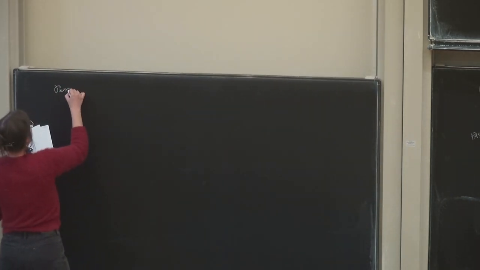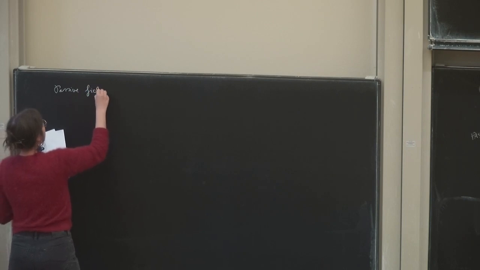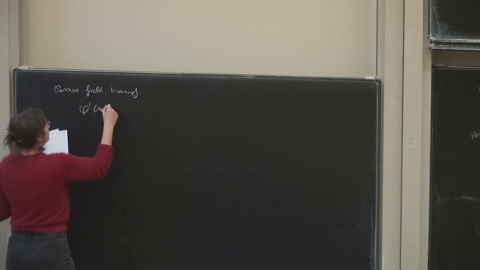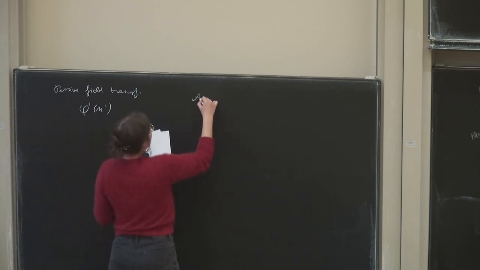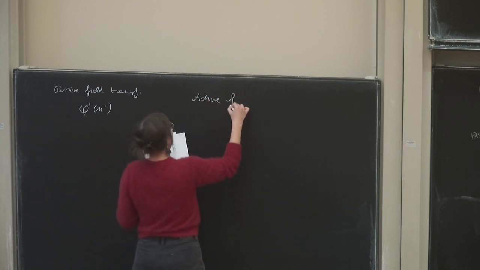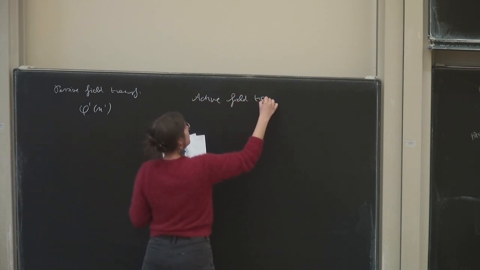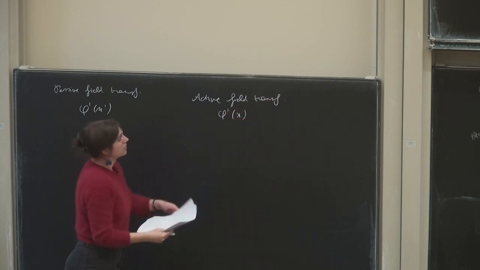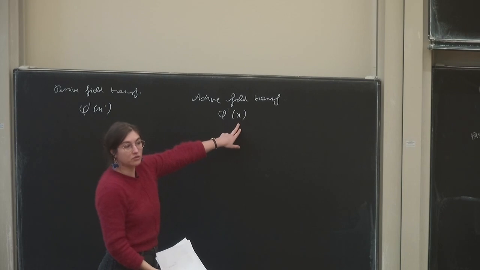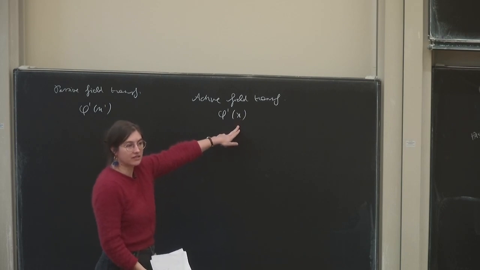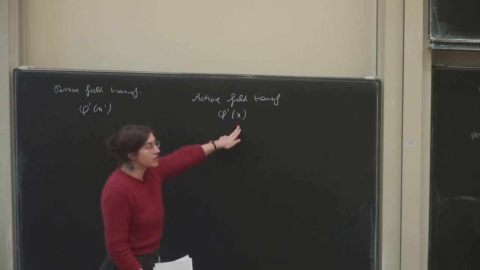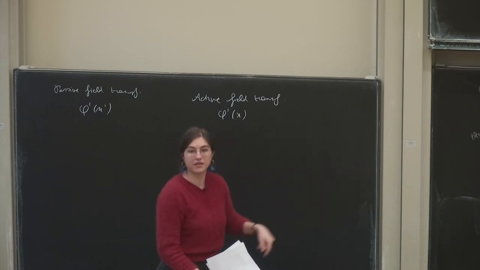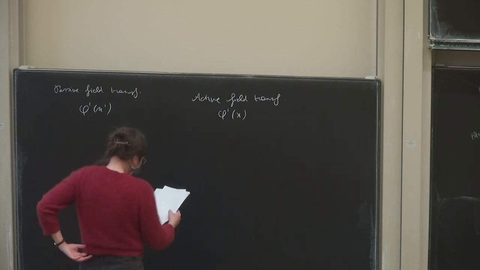So a passive field transformation will be denoted as phi prime of X prime, and an active one as phi prime of X, precisely because effectively you've not changed X. Okay, but really what's behind that is the mechanism that is sketched there, okay?